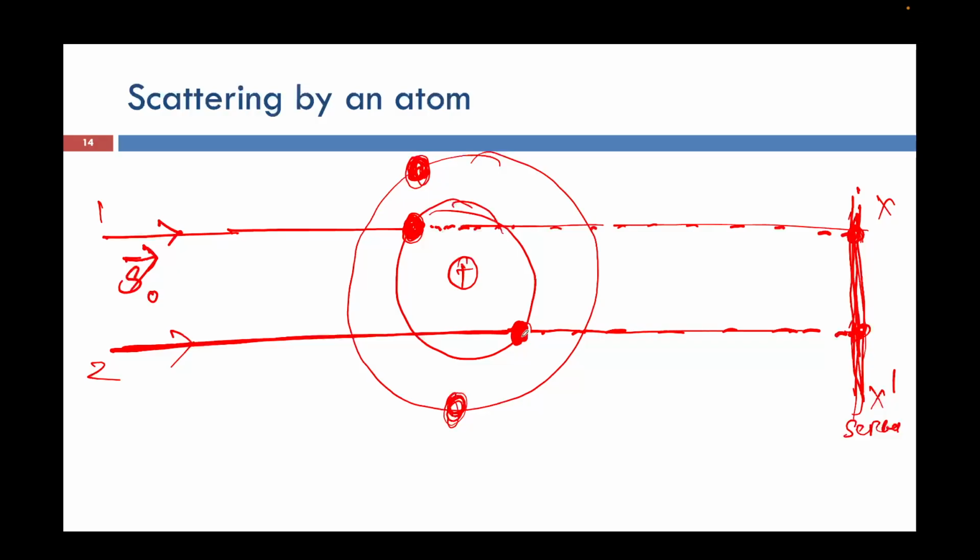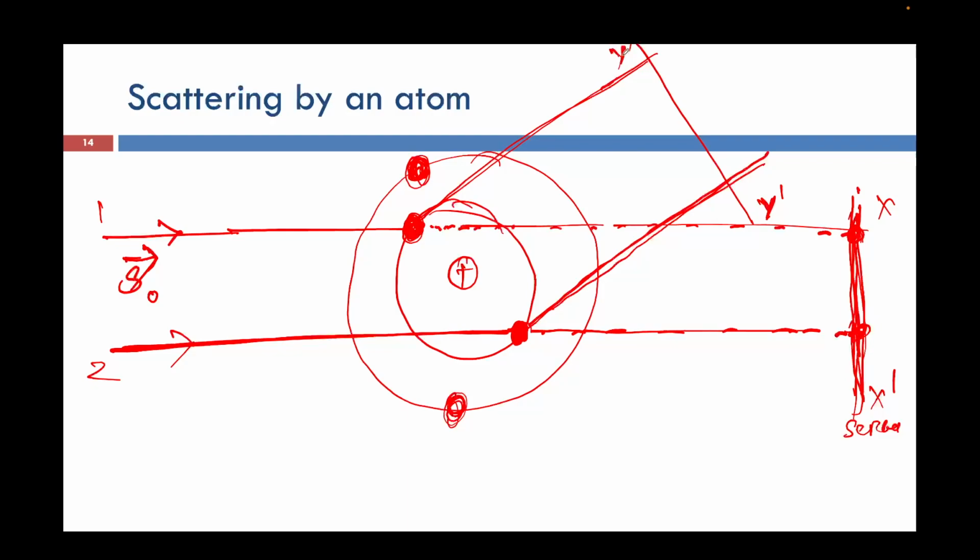But let's say that after interaction with this electron, they are scattered. Now if I want to put a screen here, then I want to see what the phase difference is, because eventually I have to calculate the path difference.